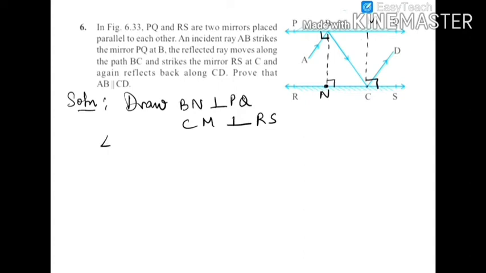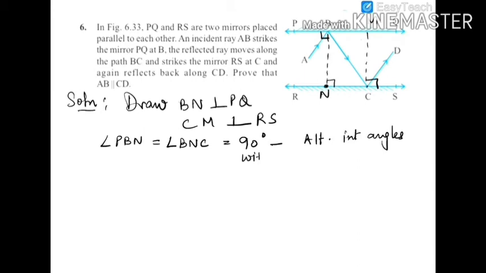So angle PBN will be equal to angle BNC equal to 90 as they form alternate interior angles with transversal BN cutting PQ parallel to RS.